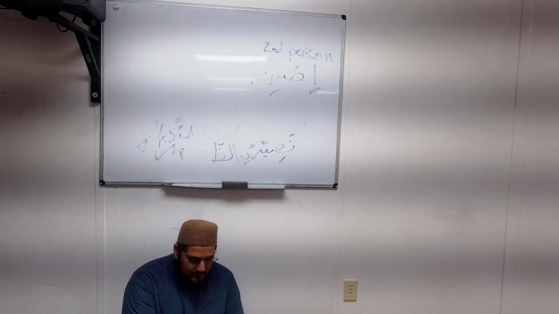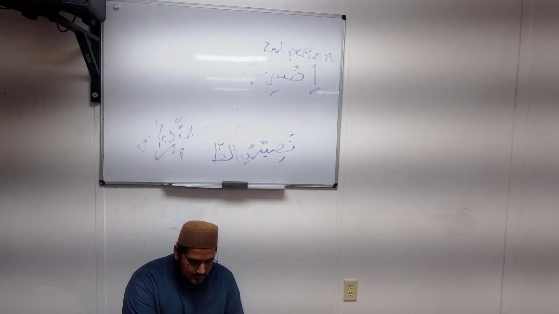Then we have, yes, I have a question. So we're using the same logic here as when we're talking about people, to say that this is in the rafa' state. Like for example, sujunun is different from the ones that we've learned thus far, because those una words don't end in tanween.